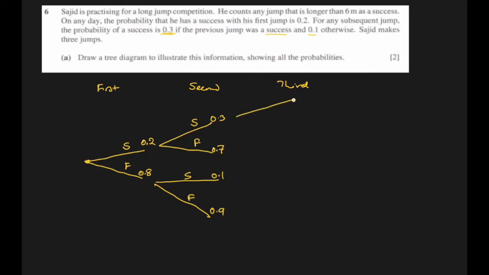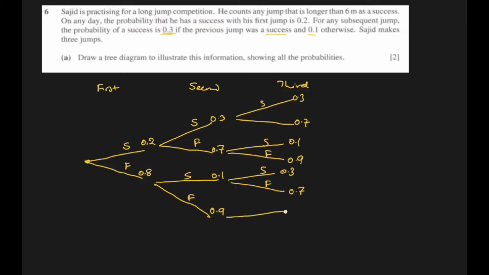Third jump: because the previous one is a success, the success will be 0.3, failure will be 0.7. The previous one is failure now, 0.1, 0.9. And again here, because the previous one is a success, 0.3, 0.7. And finally here, 0.1, 0.9, you know what's the reason.